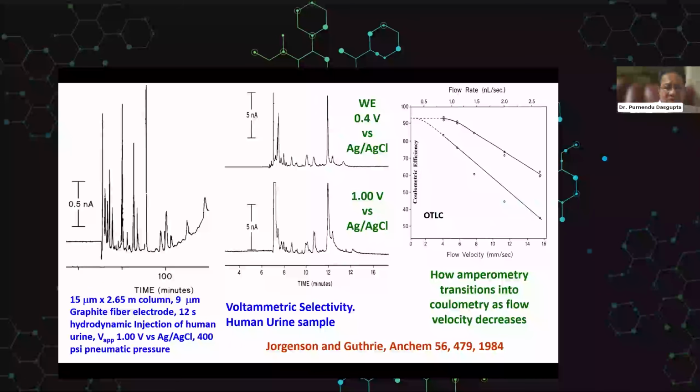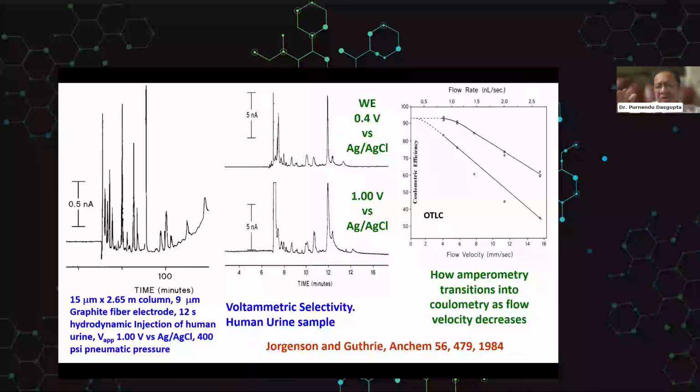They're doing this voltammetric detection on a graphite fiber electrode. They're analyzing human urine, and here they're showing how you can differentiate between one analyte as opposed to the other by applying different voltages. In amperometry, we hold the voltage constant.